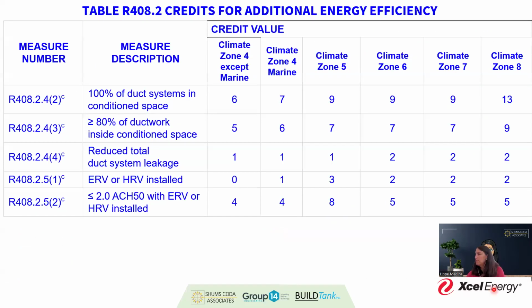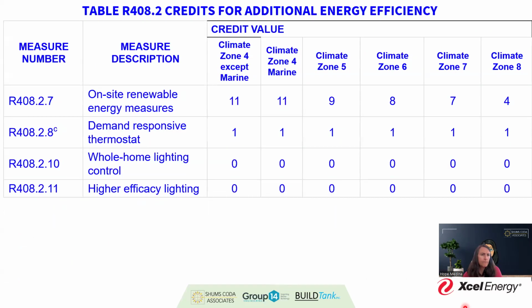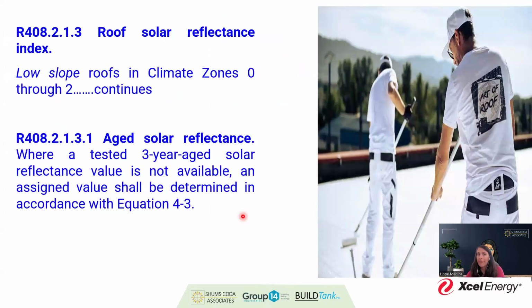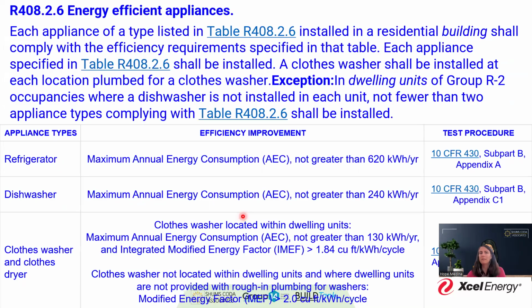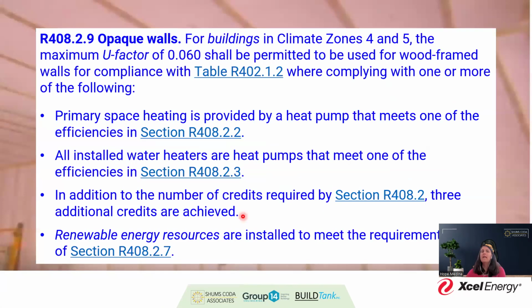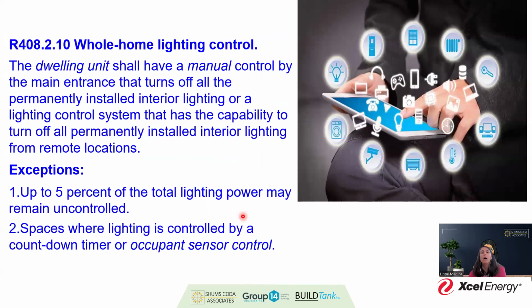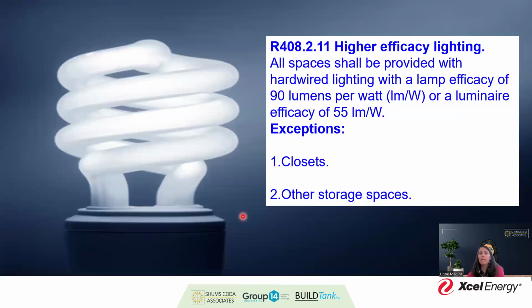It's not shown in the table because you don't get points for it. It's just kind of a built-in flexibility. It's like, okay, we're going to let you do this. It's in this section, but to do this section, you have to do all these other options that are in the table: the whole home lighting control, higher efficiency lighting.